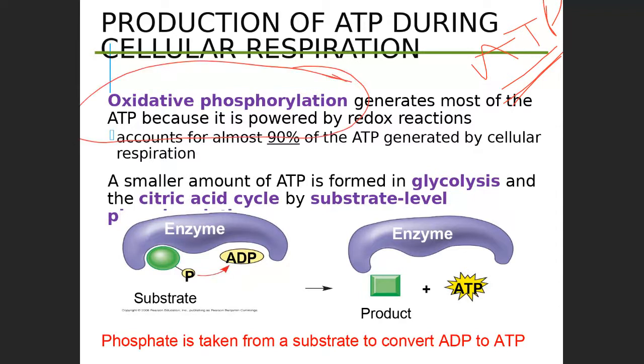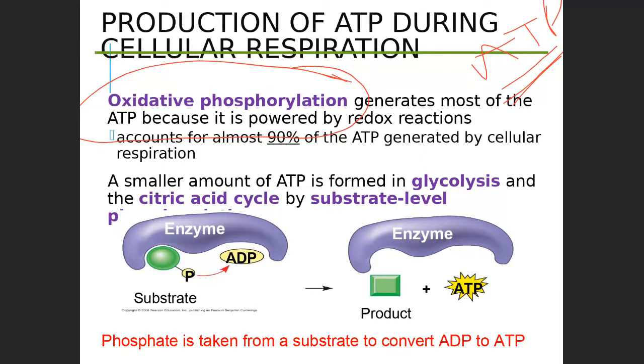The other type also produces ATP. Remember, ATP is produced from ADP plus inorganic phosphate. It happens either using ATP synthase, which is an enzyme that is very sensitive. It gets stimulated by the passage of the proton, all right?